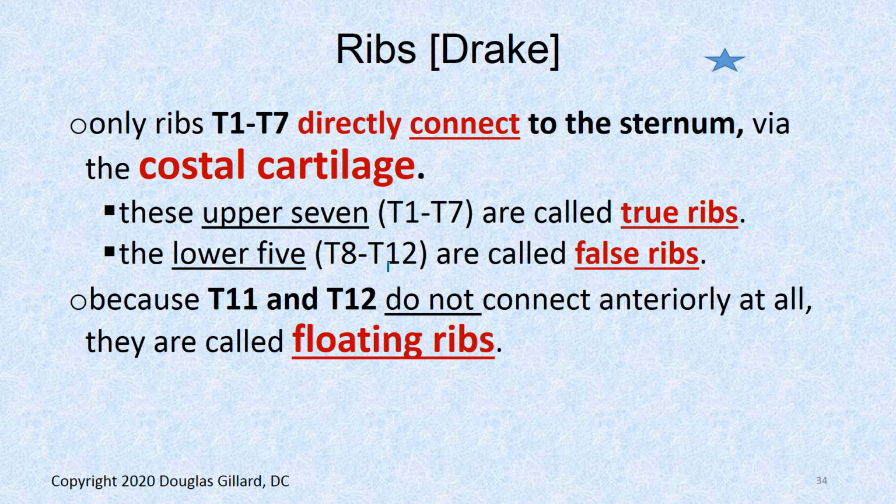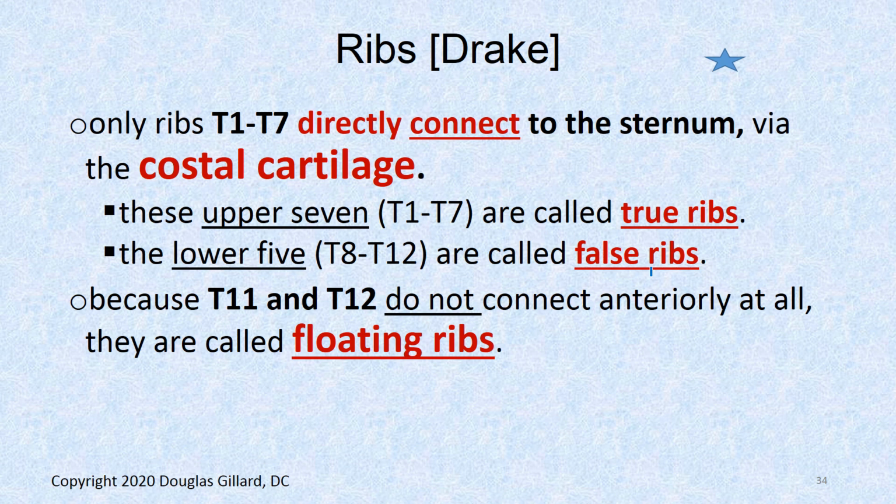Now, 11 and 12, they don't connect to the front at all. They're called floating ribs. But there are false ribs. So 8, 9, and 10 are real false ribs. 11 and 12 can still be called false ribs. A false rib means you don't connect to the sternum directly.